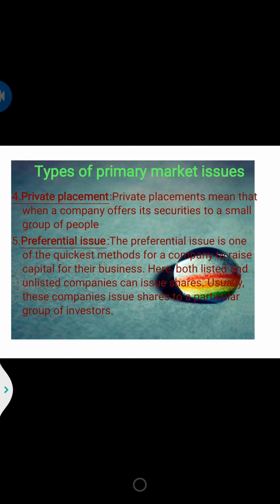So there are some steps here to issue the securities. First, the shares are purchased by the issue houses or the brokers. Secondly, the shares are transferred to their investor clients at a higher price.